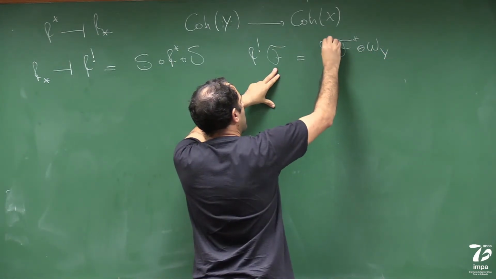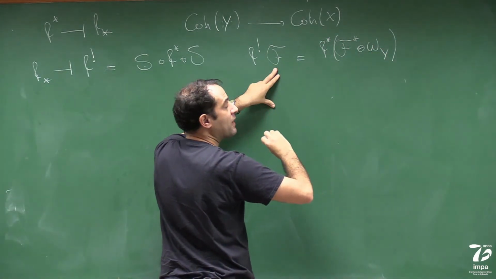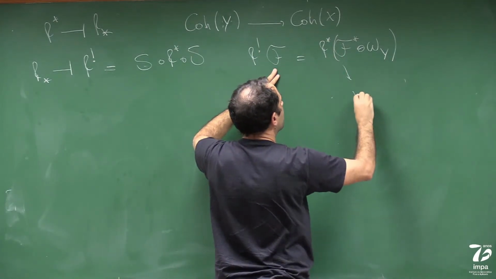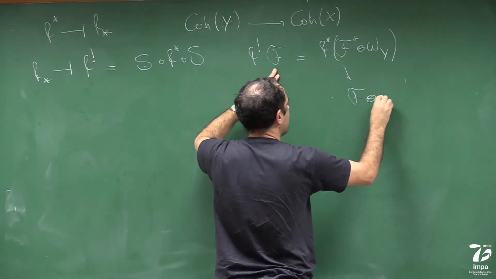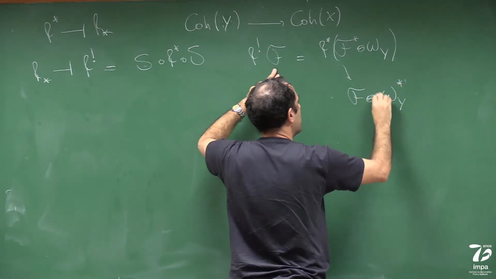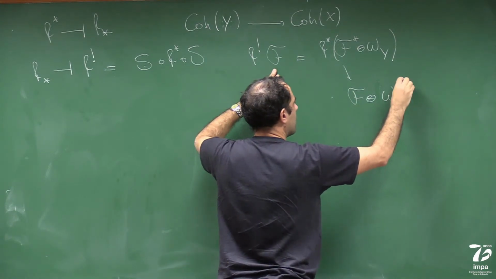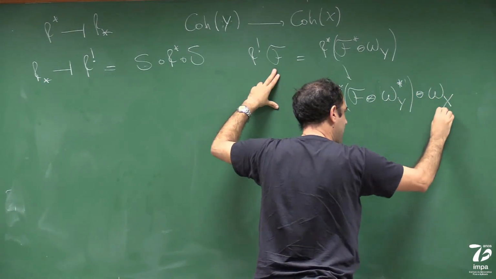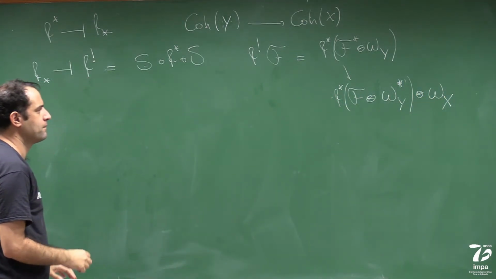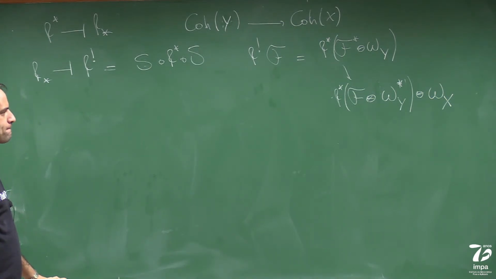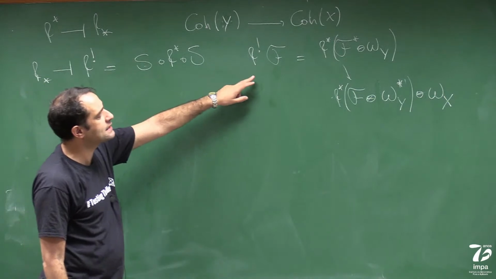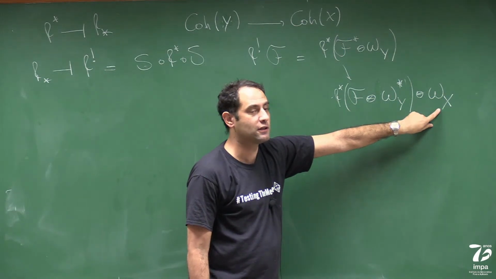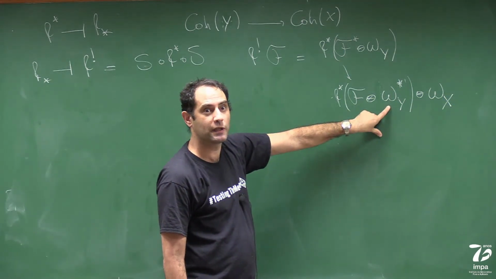Then you apply the pullback of this thing, and then you apply Serre duality on x, which is take the dual of this thing. This is again going to give you this f. This is going to give you tensor with the pullback. Oh, this is all pullback. Omega y dual. You take the pullback of this, and then you tensor with omega of x. So what this pullback upper shrink is, you pull back your sheaf and you tensor with the relative dualizing bundle, which is the dualizing bundle of x, tensor with the pullback of the dualizing bundle of y.